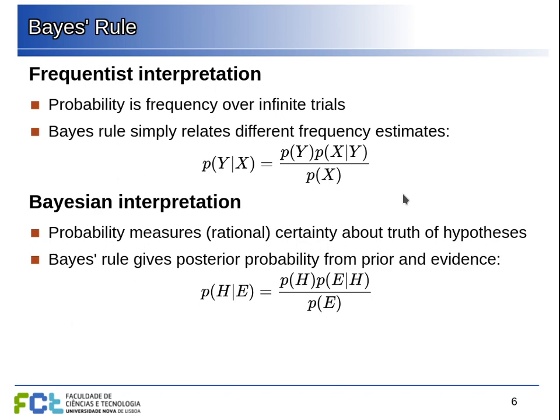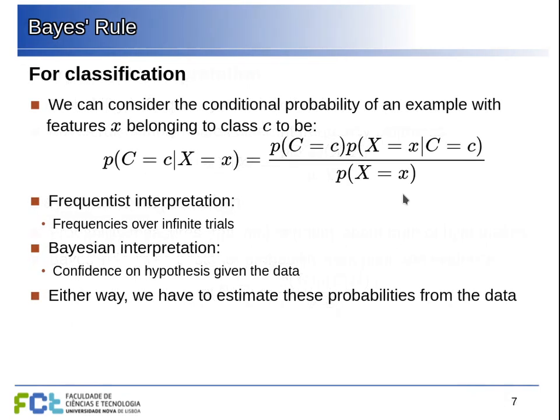So if we interpret this in this way, we can look at Bayes' rule as a way to compute the confidence we have that an example will belong to some class given the features that the example has. And we can compute this from the conditional probabilities of the example and the class, and the marginal probabilities of the example and the class.